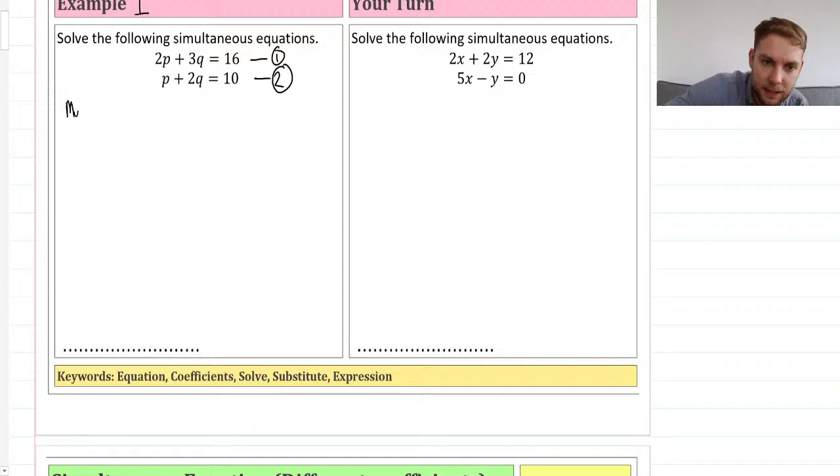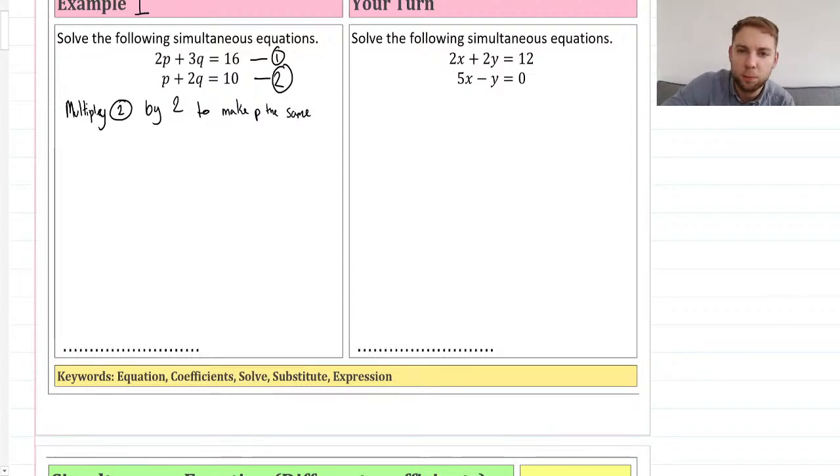So multiply equation 2 by 2 to make P the same. Okay, so I'm multiplying equation 2 by 2 to make P the same.